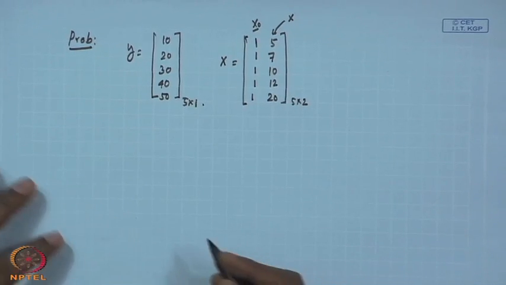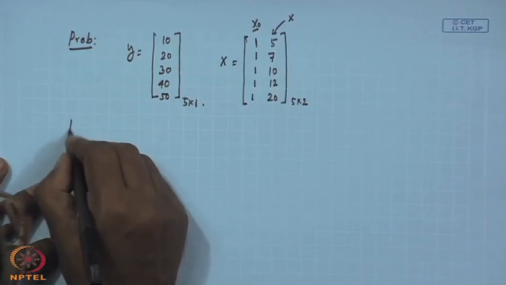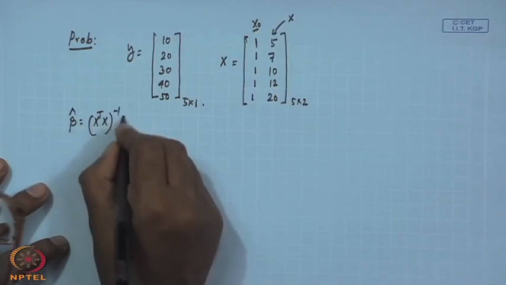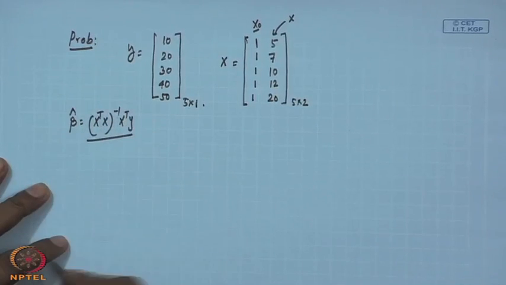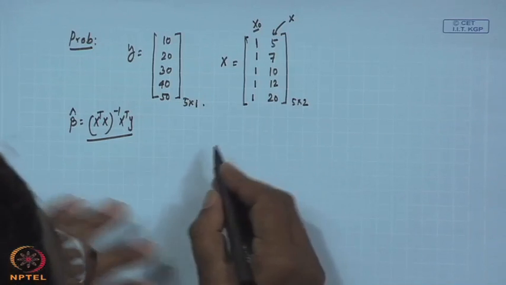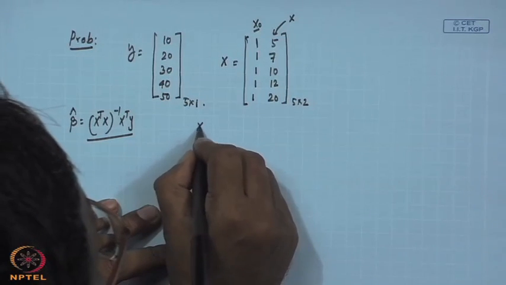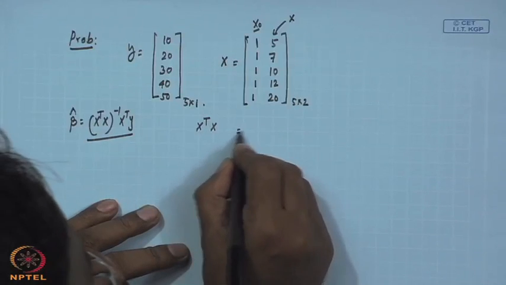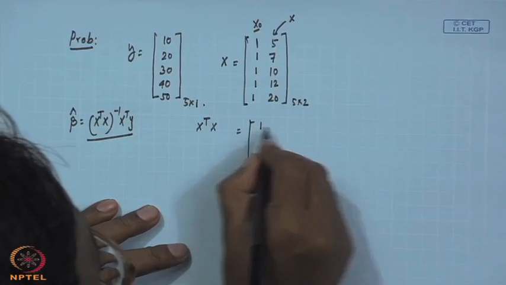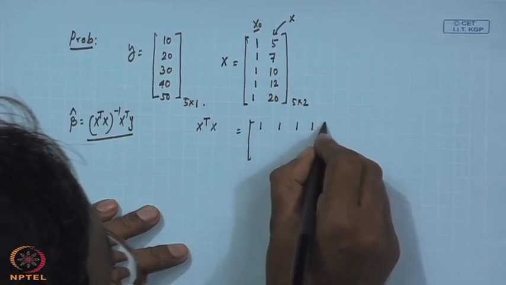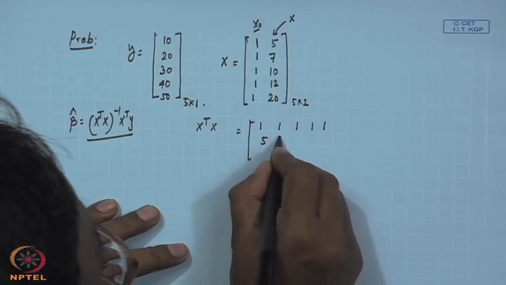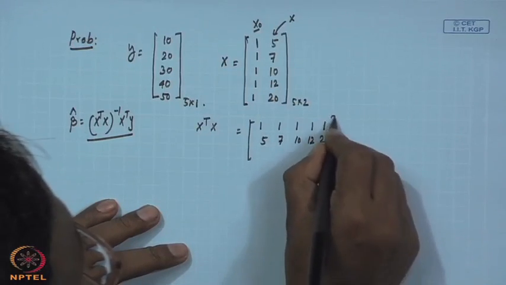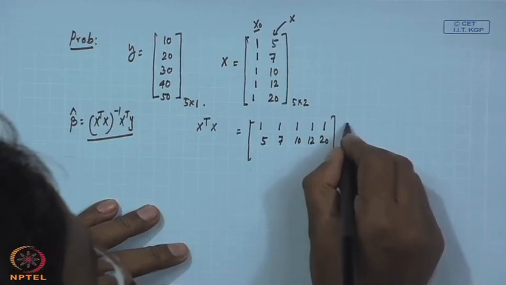Okay. So, what do you need to calculate? You need to calculate beta cap, which is x transpose x inverse x transpose y. So, your step 1 is to find x transpose x. So, that will be your 1 1 1 1 1, 5, 7, 10, 12, 20, this is x transpose.